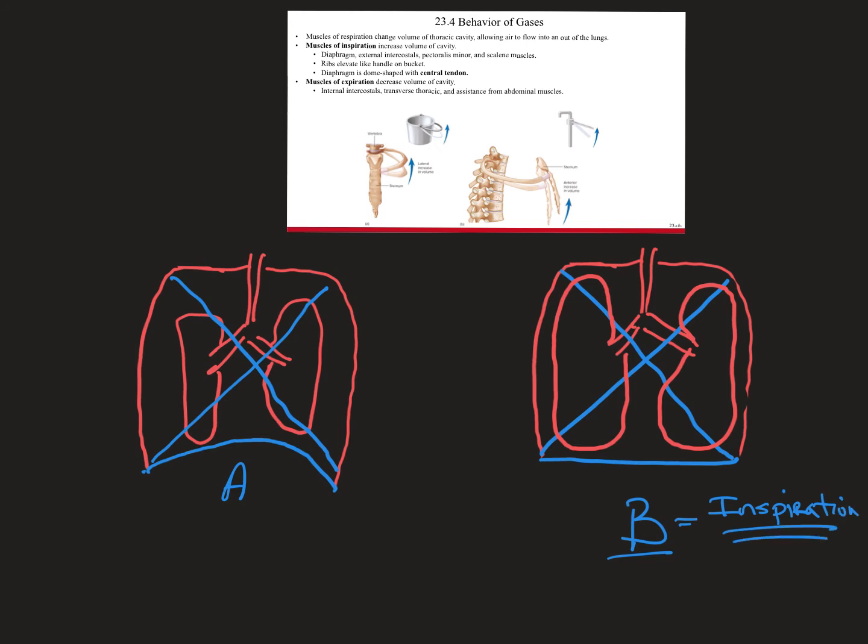We're going to talk about how that works in a minute. So that would mean that A would more closely resemble expiration. Okay? The thoracic cavity gets smaller, and therefore air will move out of the body. So again, you should be able to recognize the muscles that are associated with expiration versus inspiration. Is everybody clear on that?